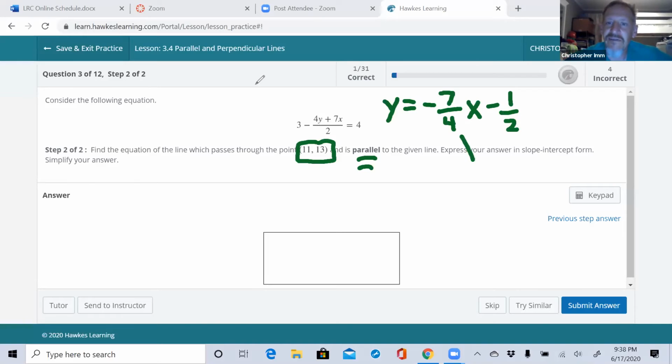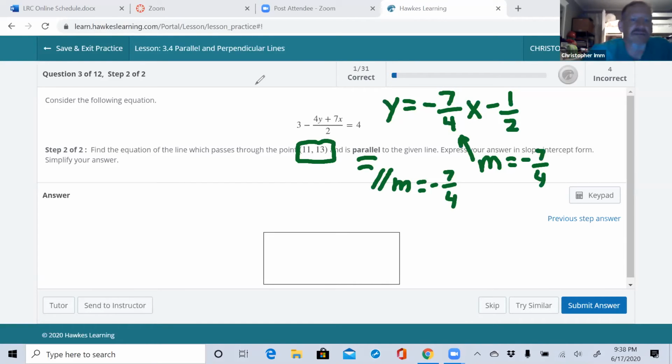So in this case, if our slope is negative 7/4, our parallel slope, and sometimes we use two parallel lines to denote that, or I do at least, is going to be negative 7/4. It's the same slope. Notice I don't have that special y-intercept at this point, so I'm going to have to use the point-slope form: y minus y1 is equal to m times x minus x1.